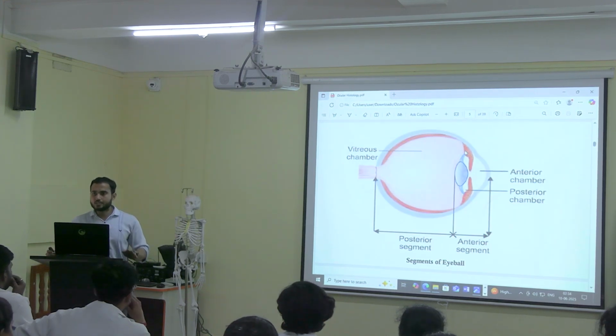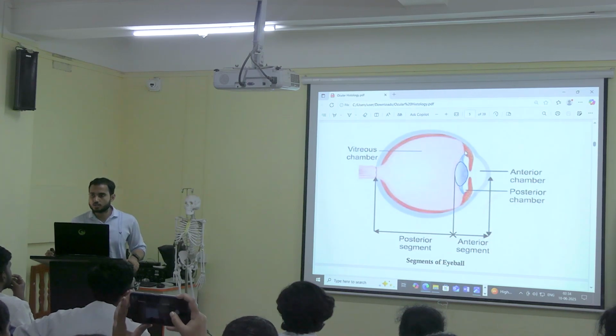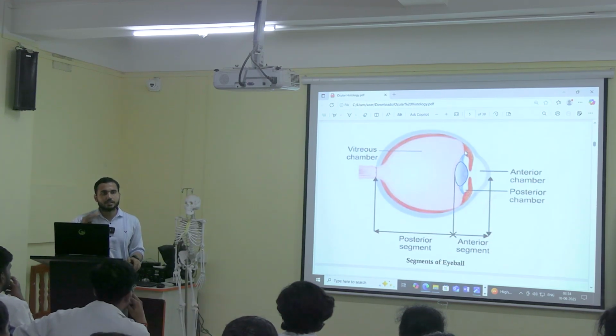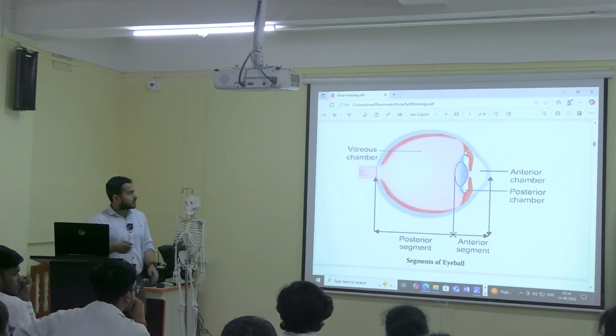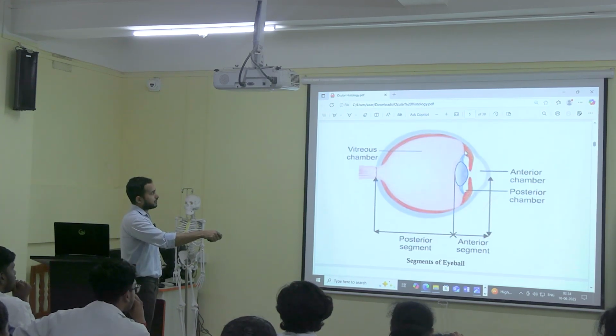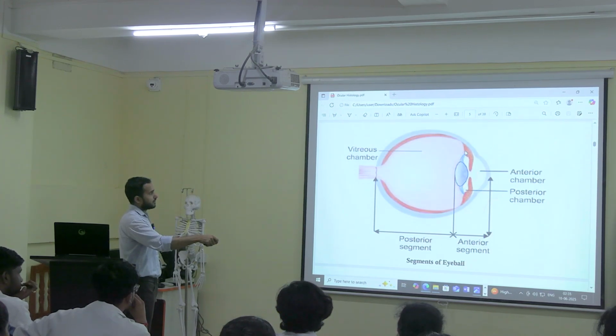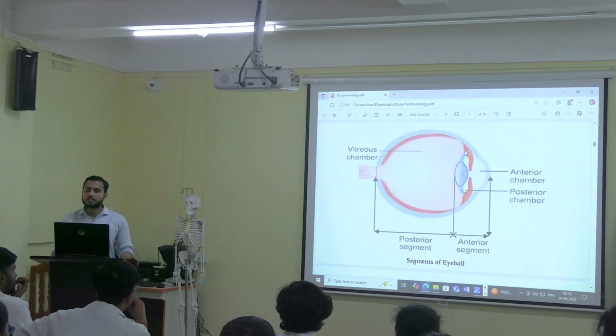Now again the anterior segment is divided into two chambers, anterior chamber and posterior chamber, and in the middle we get the iris, if you can see the diagram properly. This is the anterior chamber, this is the posterior chamber. In between both the chambers we get the iris, which divides it into two chambers.